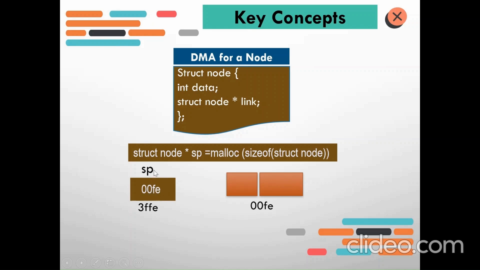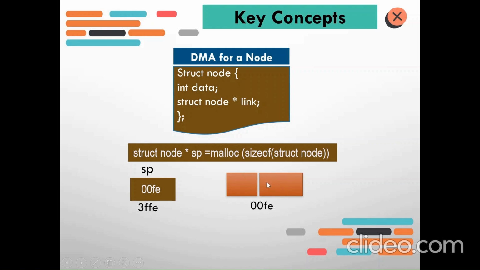I leave this for the moment. So this sp has been declared at 3FFE, a hypothetical address. Now, when you did this memory allocation, the memory allocation is done at this location, say 00FE. So what is the address of the allocated node? I would say node, because there are two cells.